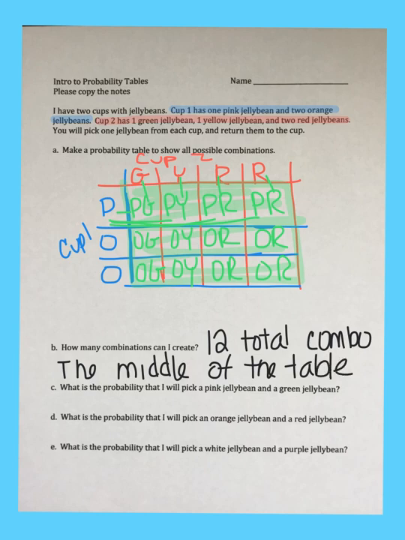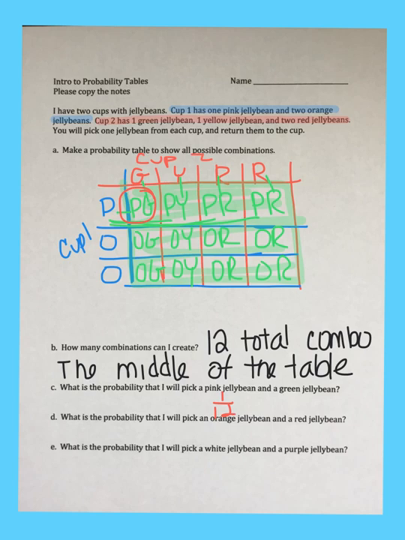Now I specifically want to look for what is the probability that I will pick a pink jelly bean and a green jelly bean. So I'm going to come up here and look for a pink and green, and right here is a pink and green, and that's the only one I see. So the probability of a pink and green is 1 out of 12.